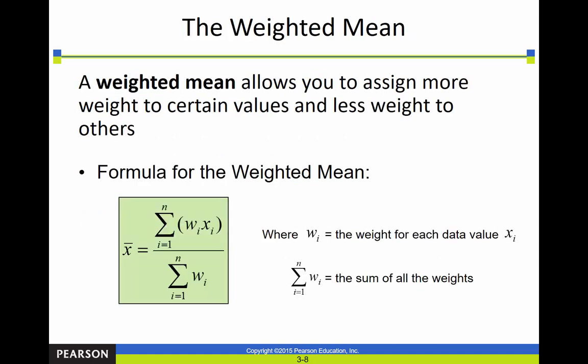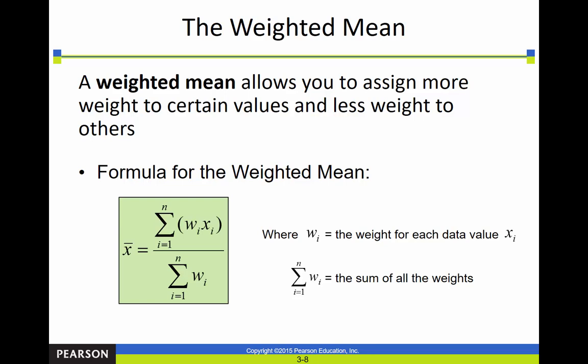Sometimes we want what's called a weighted mean. That allows us to assign more value to certain values and less to others. We do this a lot in our grade books, where we say exams are worth 35% and homework's worth 25%, etc. And so we weight the average based on wanting certain parts of the average to be worth more of the total.